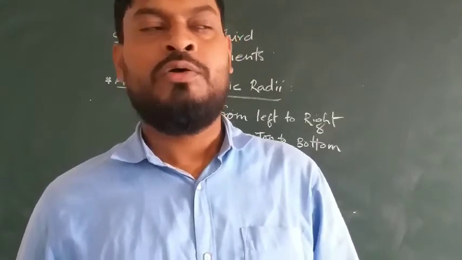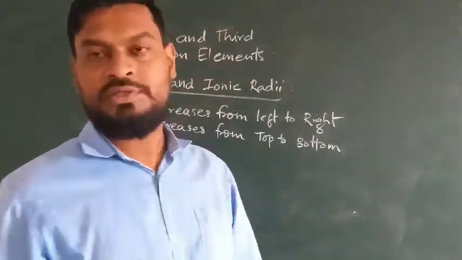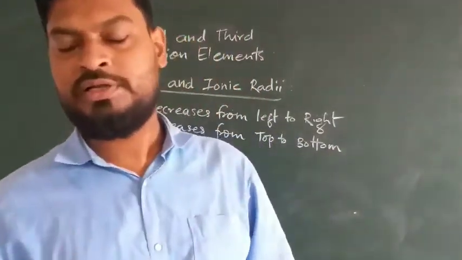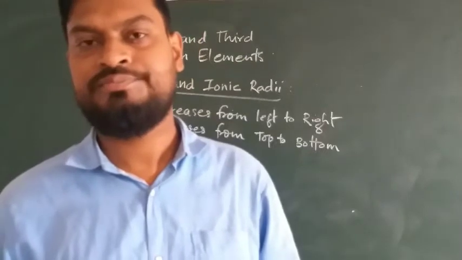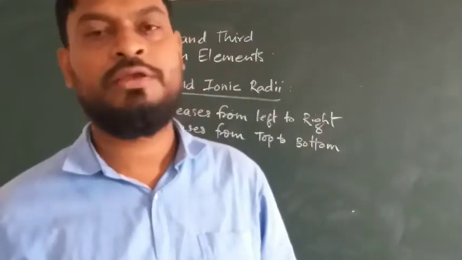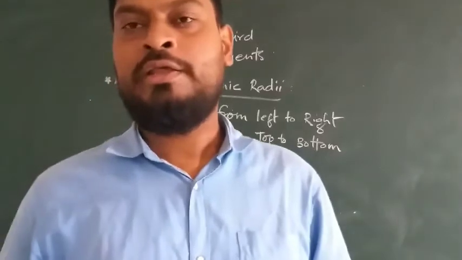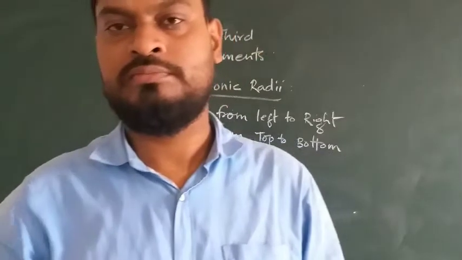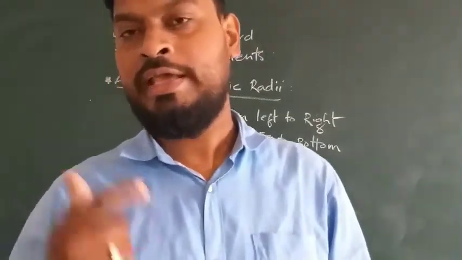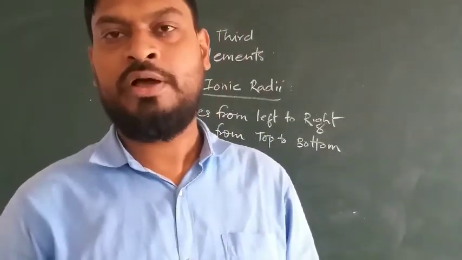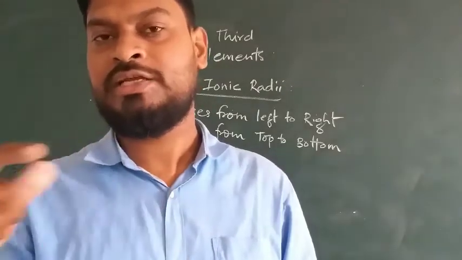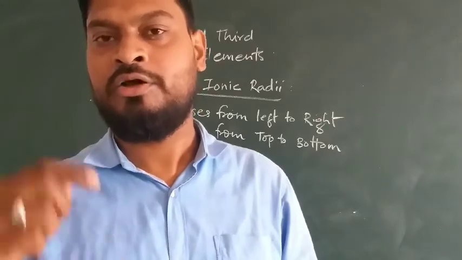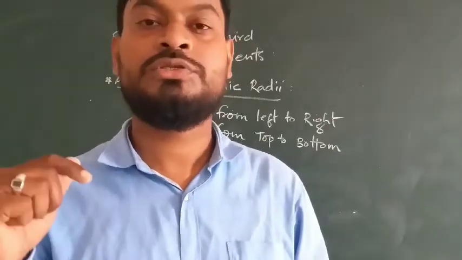Then why is it so? There should be a proper reason to explain this. Already I told you that moving from top to bottom, atomic radii increase, but while moving from the second to the third transition series, the atomic radii of these elements remain almost equal.